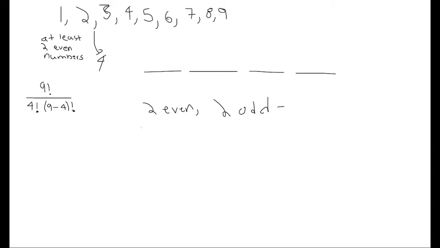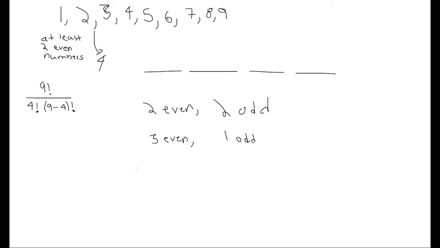The other situation would be if we had 3 even numbers. We can't have any less than 2 even numbers, right? So the next scenario would be if we had 3 even numbers and 1 odd number.